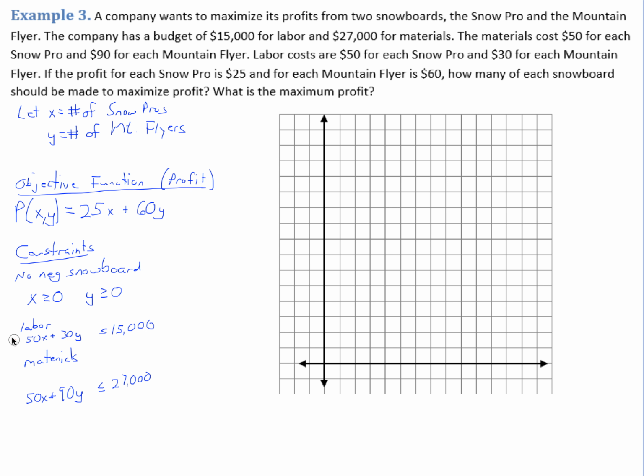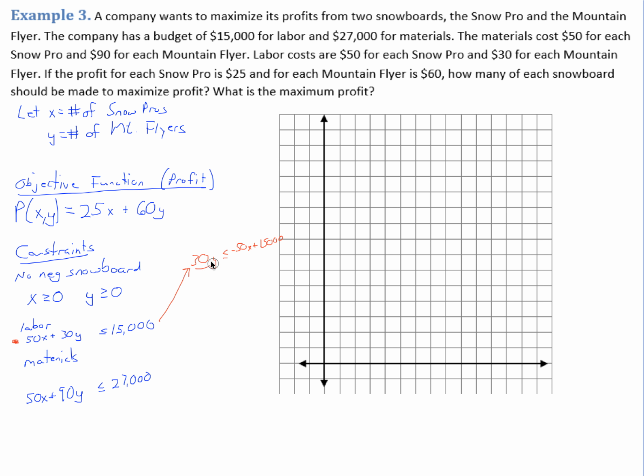So let's do labor in red. And what we need to do here is solve and put it into slope-intercept form. So we would subtract 50x from both sides. Subtracting 50x from both sides gives us negative 30y equals negative 50x plus 15,000.